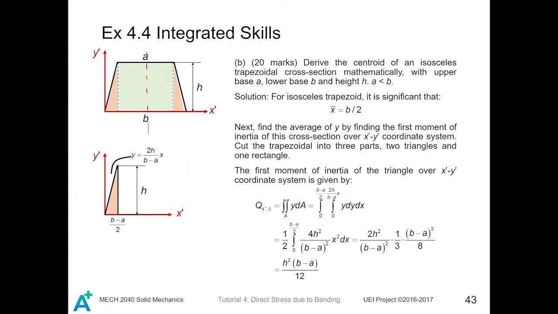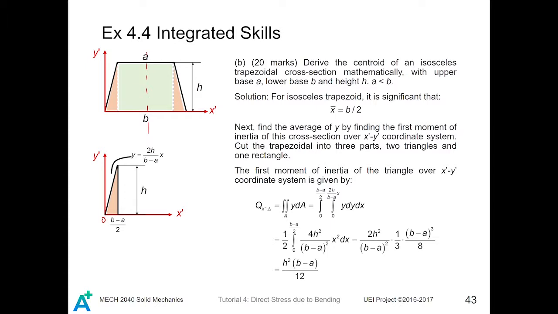For this triangle, dA is the region bounded by the line y equals 0 as well as y equals 2h divided by (b minus a) times x. So it is notated like this. It gives the lower and upper limits of y, bounded by two lines. Besides, it is also significant that x ranges from 0 to (b minus a) divided by 2.